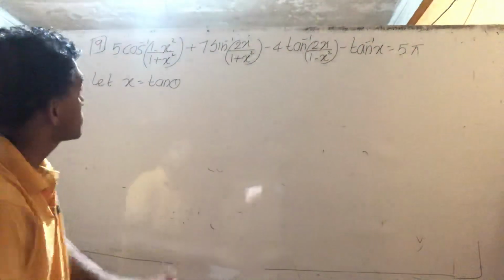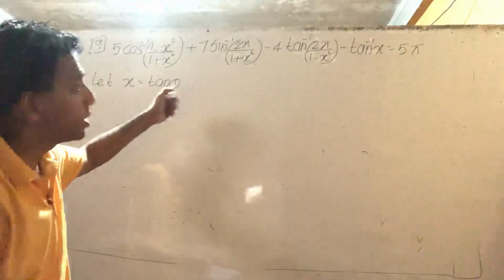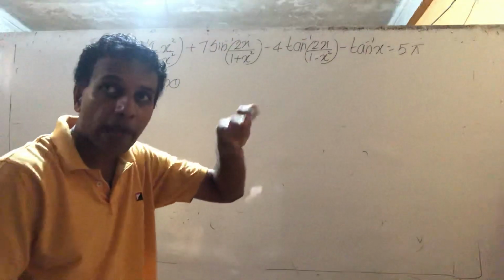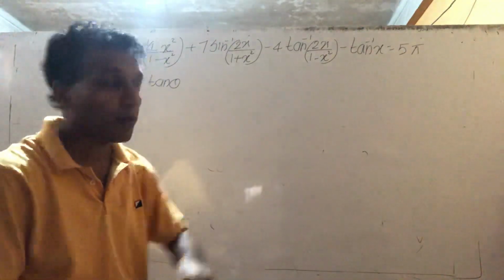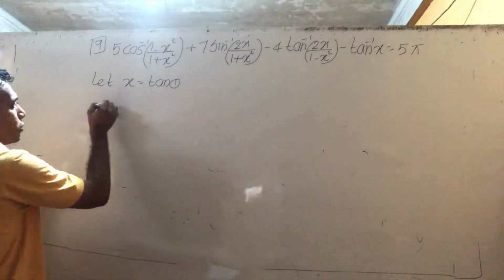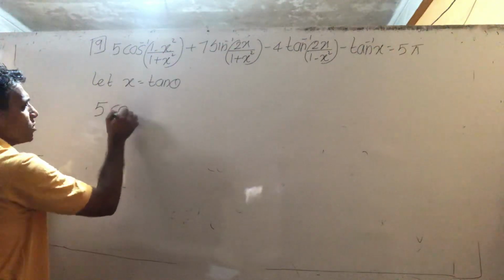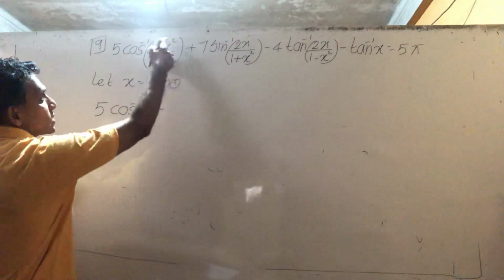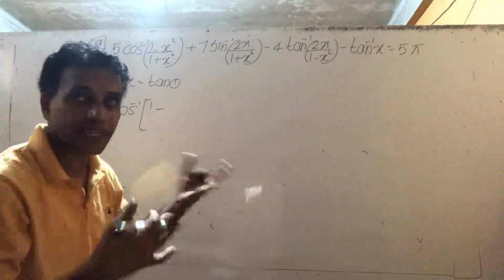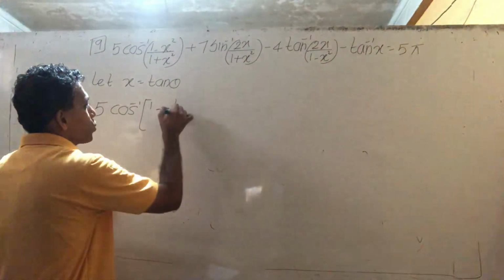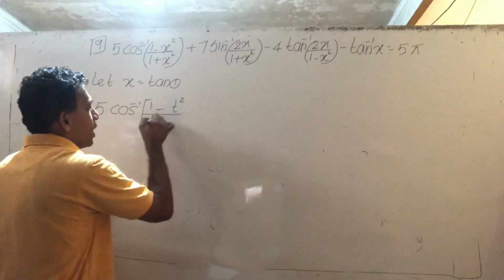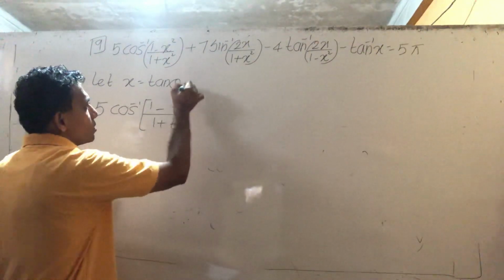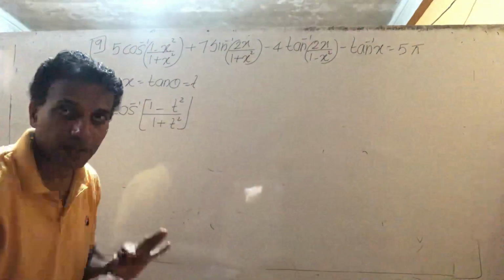Then it becomes cos inverse cos, sin inverse sin, because we have tan in terms of double angle in sine and cos. So substitute: cos inverse of (1 minus t squared) over (1 plus t squared), where I say t for tan theta at the moment, t for tan, right?